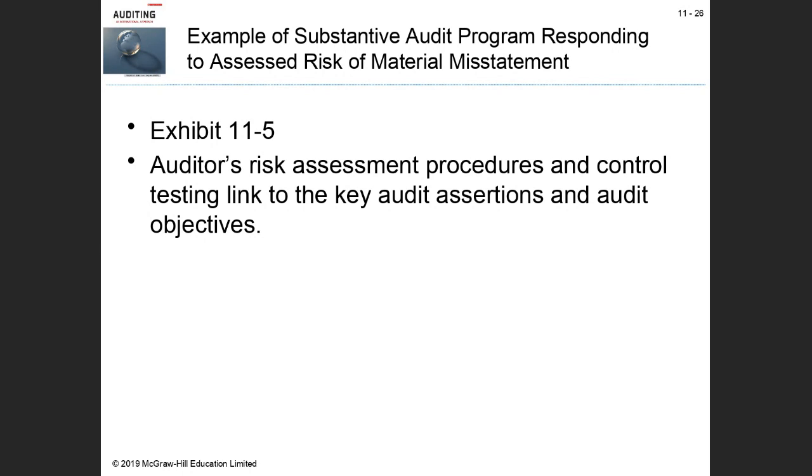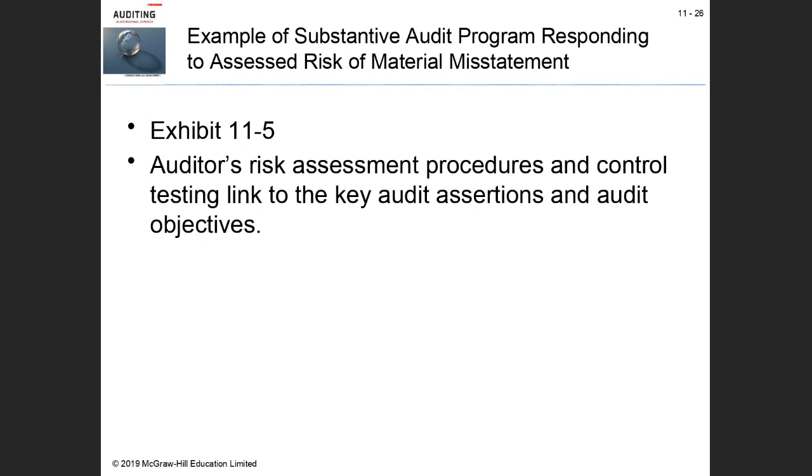So auditors, based on their review of the internal control system, will determine if the risk is high, moderate, or low. And you'll see there's a check in the various boxes for each of the assertions. Then, depending on their decision around the assertion, they're going to determine which type of substantive procedures they have to do.